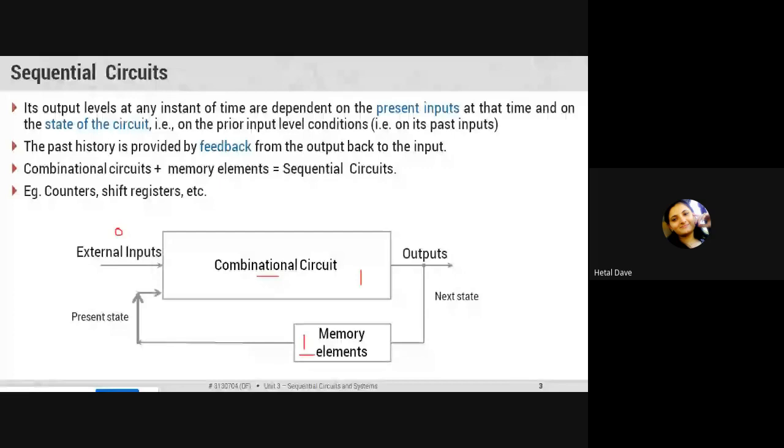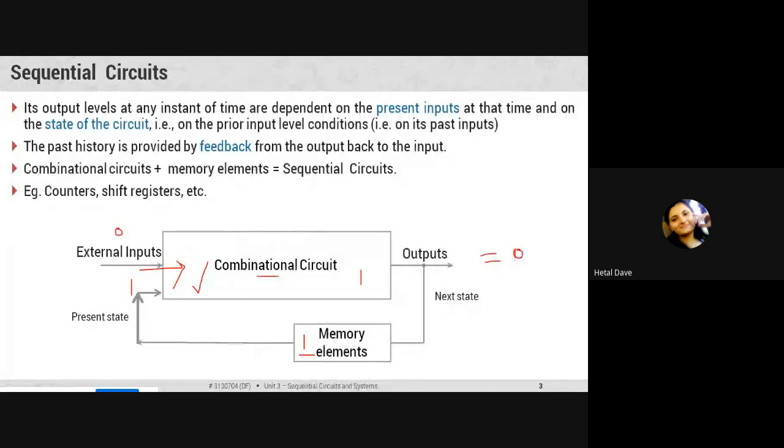So let's say the clock is started and external input applied. At that time, the memory element has 1. So this 1 is called the present state. Now 0 and 1 are applied to the combinational circuit, some process will be done, and here I can get some output, let's say 0.